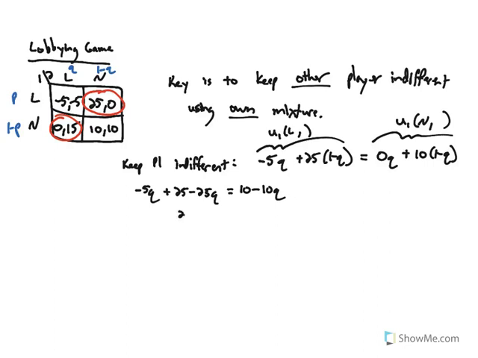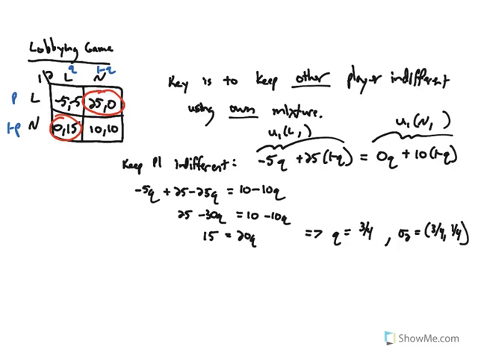Okay, so we have a 15 minus 20Q on this side equal to 10 minus 10Q. And so we're going to have 5 on this side and a 10Q on that side. And so Q equals 1/2. Okay? So in order for player 1 to be willing to mix between L and N, we need Q equal to 1/2, and thus sigma 2 equal to 1/2, 1/2.